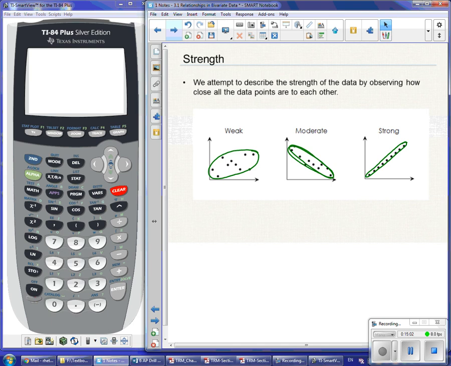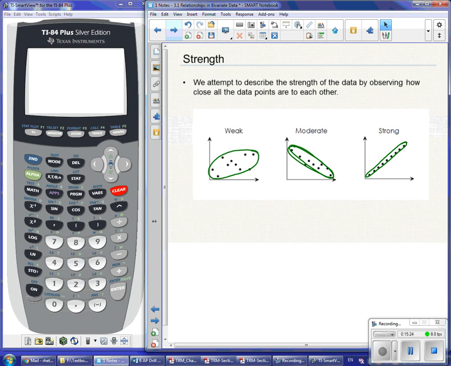And just like what we did with histograms, when we started talking about the center and the spread, initially we were just being very subjective in our descriptions, and then later we started adding numeric summaries to those descriptions. So then we started talking about either the mean or the median or the standard deviation and the interquartile range. We're going to do the same thing with descriptions of bivariate data.